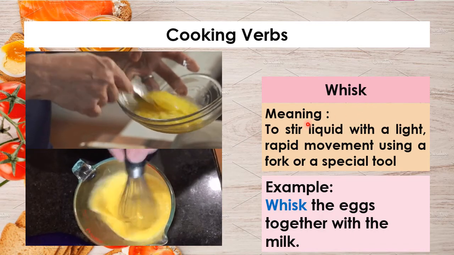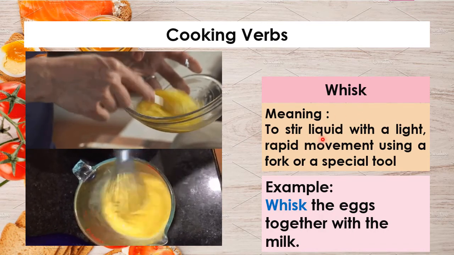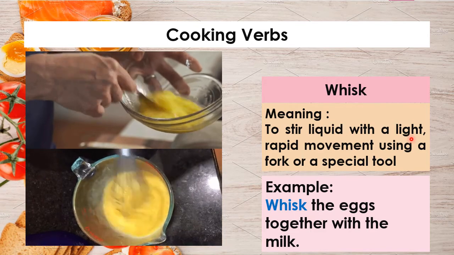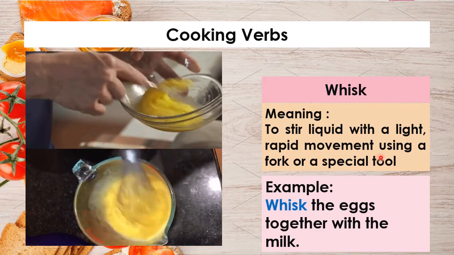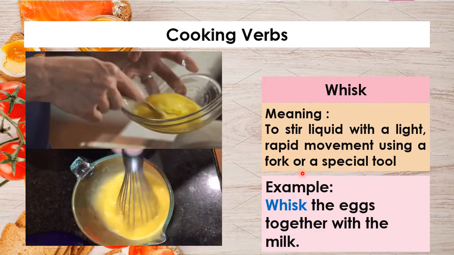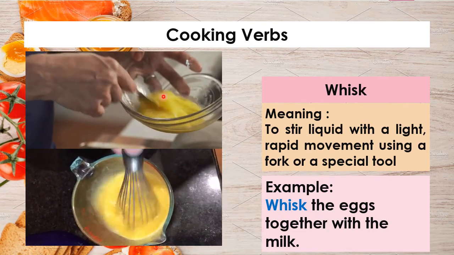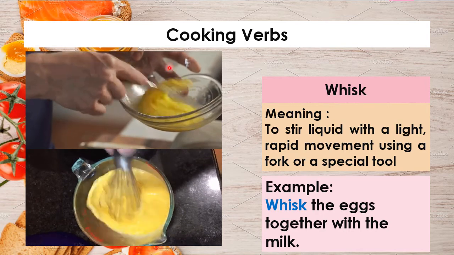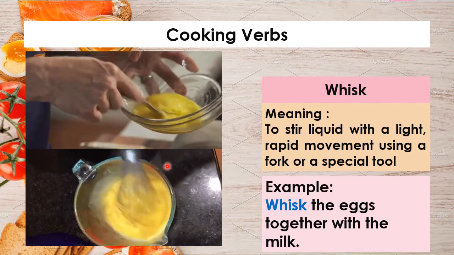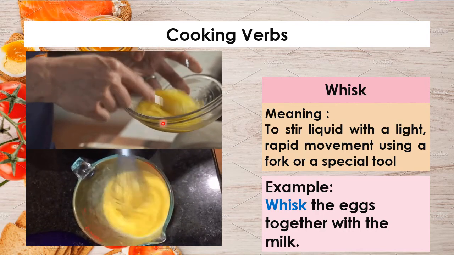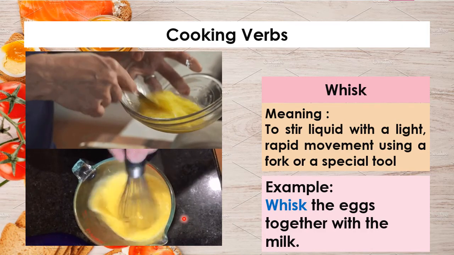The meaning is to stir liquid with a light, rapid movement using a fork or a special tool. Now look at this picture, the example. Whisk the eggs together with the milk.